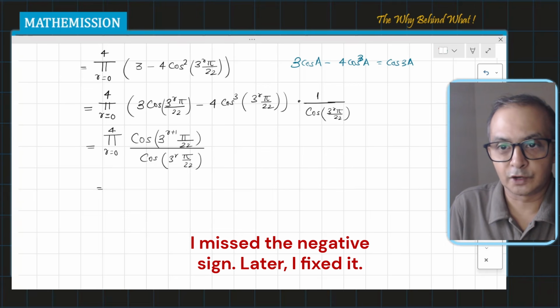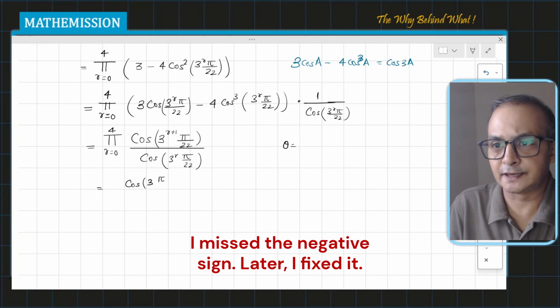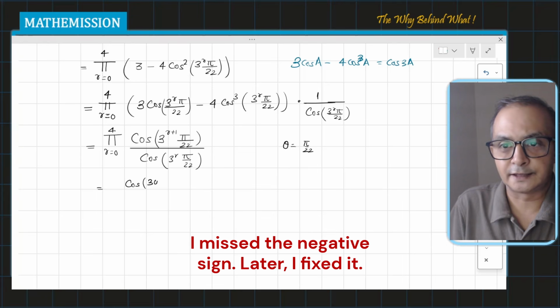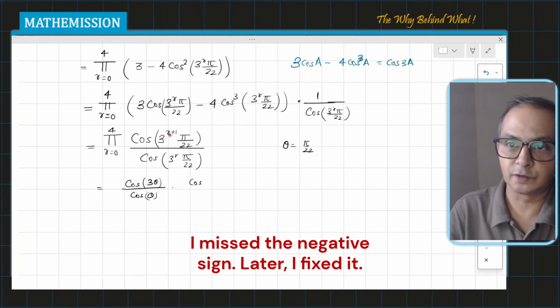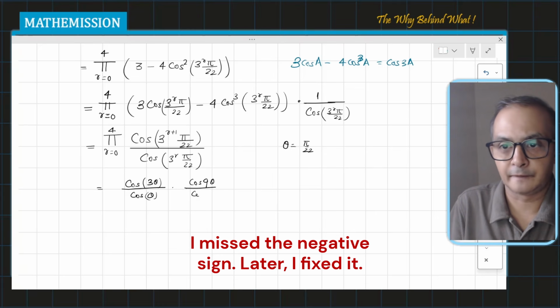So the first term is going to be cosine of 3 pi by 22. Let us just take theta is equal to pi by 22, so that I don't have to write pi by 22 every time. So that is going to be cosine 3 theta, and denominator, that is cosine theta only. The second term will be, because we are substituting r is equal to 1 there, 3 square, that is 9. So cosine 9 theta by cosine 3 theta.